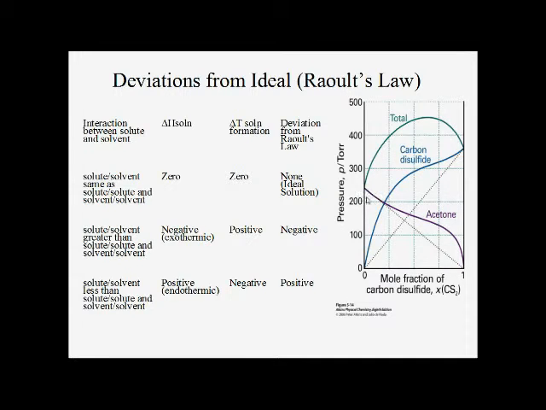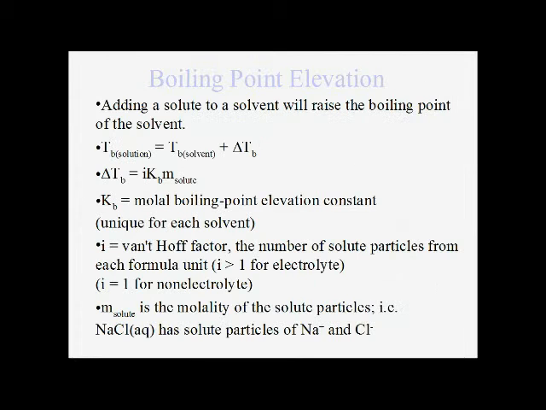So if we add a non-volatile component to a solution, the vapor pressure will decrease. If the vapor pressure decreases, it cannot boil at that pressure. To boil, it needs the same or more partial pressure compared to the pressure on top of it.